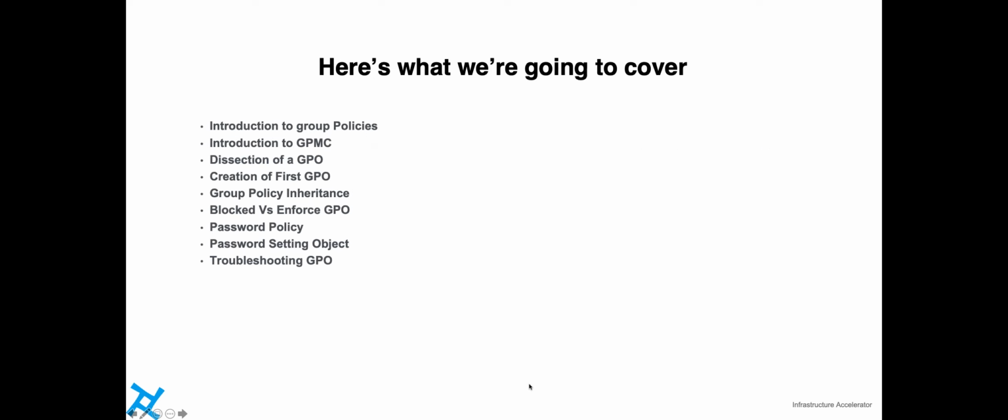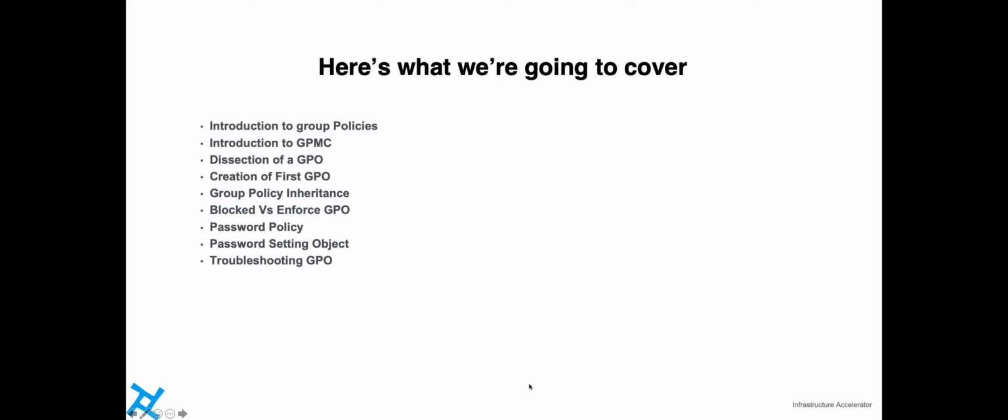So here is what we are going to cover in this module. I'm going to give you an introduction to group policies. I'm going to introduce you to GPMC, which is the Group Policy Management Console. Then we are going to break down a group policy object and look into the various subparts of group policies, like what's available in a GPO, what the various settings are, and how to use and configure a GPO.